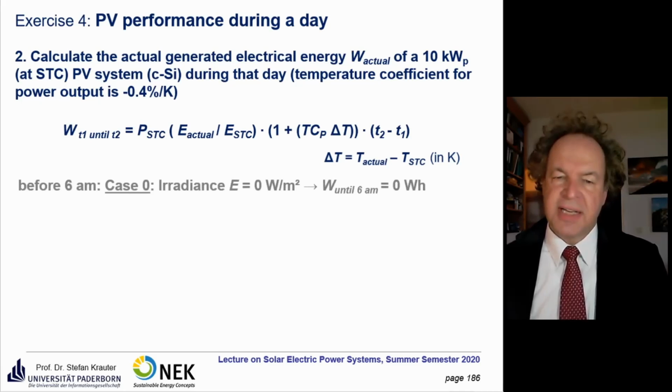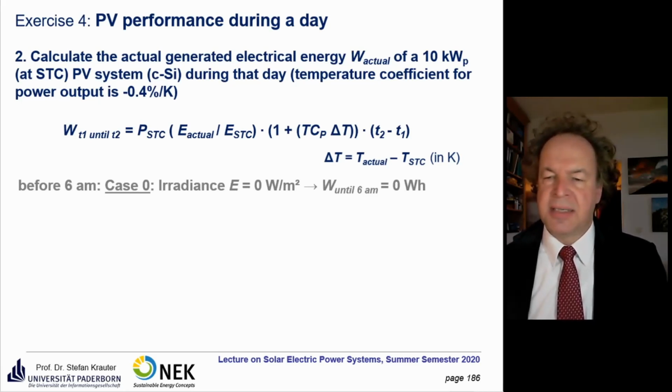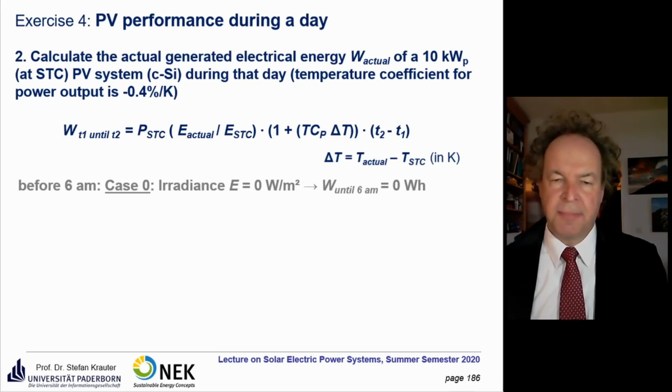So before 6 a.m. it's quite easy to calculate because we have irradiance equal to 0 watt per square meter. If there is no irradiance, there is no power output. So before 6 a.m. the energy being generated is 0 watt hours.